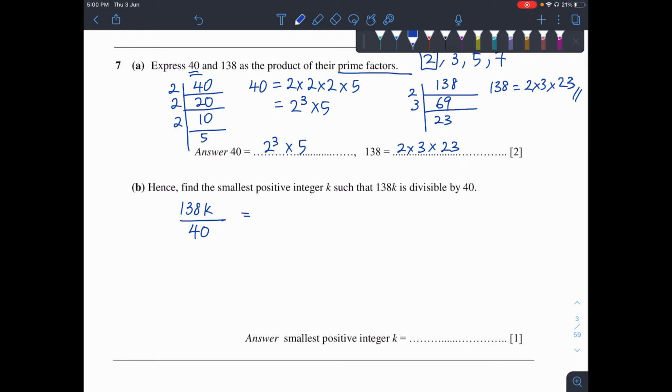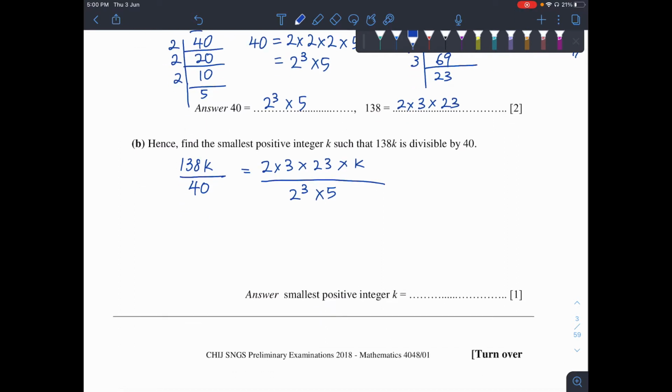So 138 is the same as 2 times 3 times 23 times k, and 40 would be the same as 2 to the power of 3 times 5. Okay, so for it to be divisible, you would have to make sure that everything can be cancelled out.